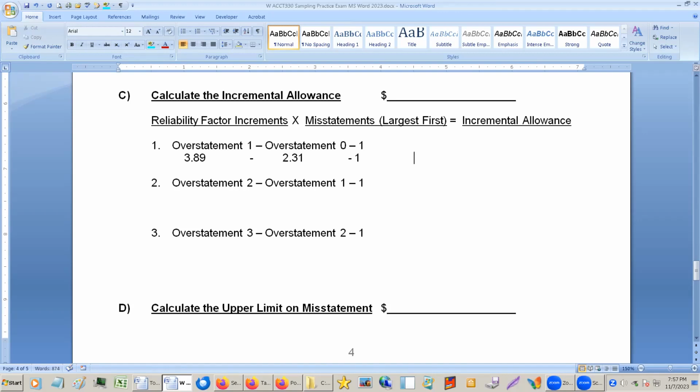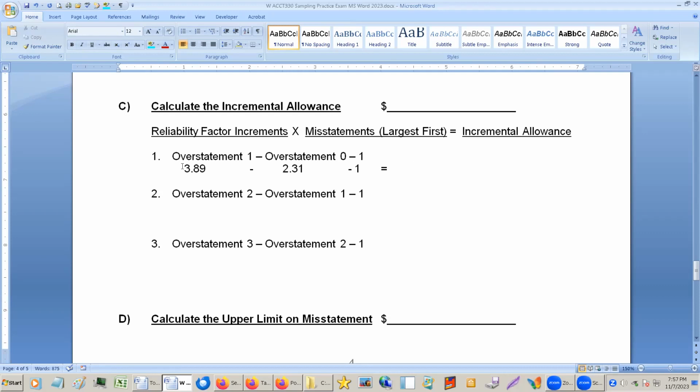So this will get that first factor, basically. It's 389 minus 231. Minus 1, 0.58.